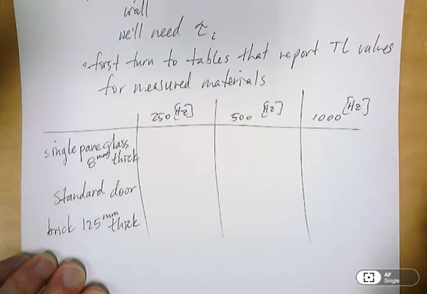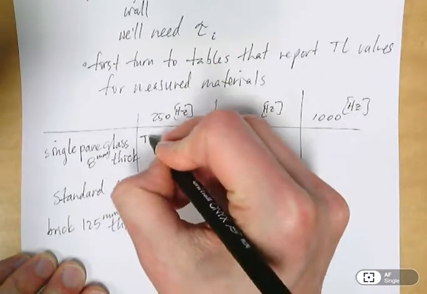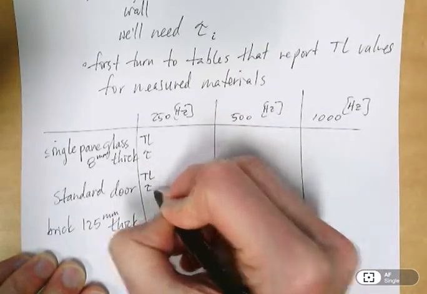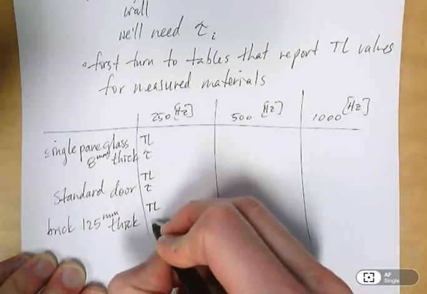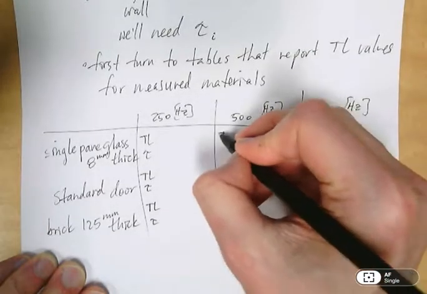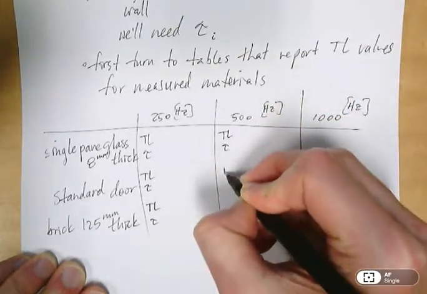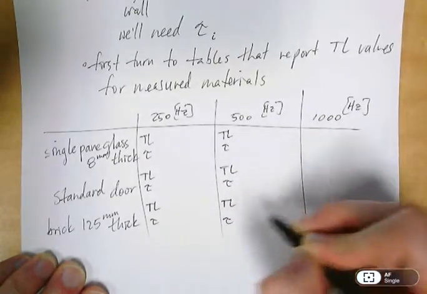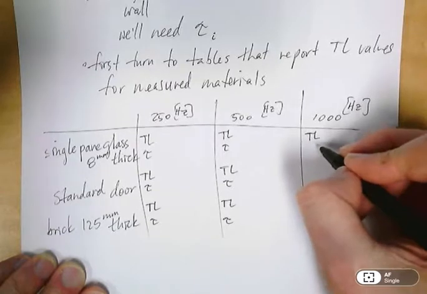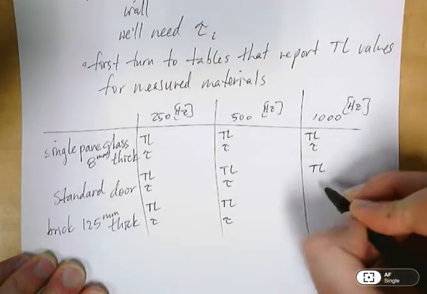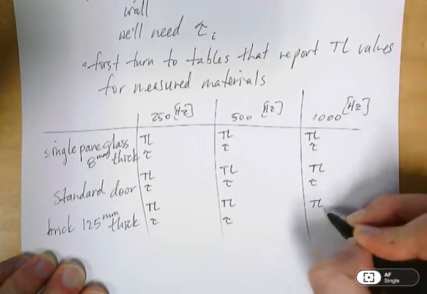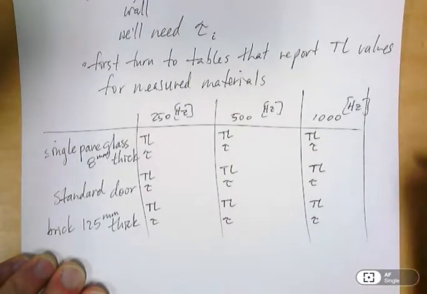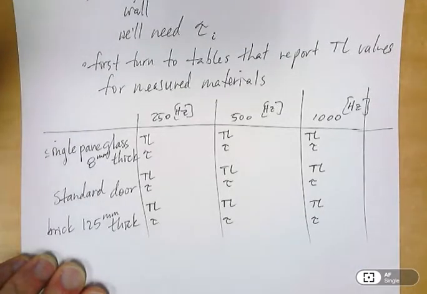So we'll have TL and tau for each of the three octave bands. I'm going to preserve some other space over here for something else momentarily.